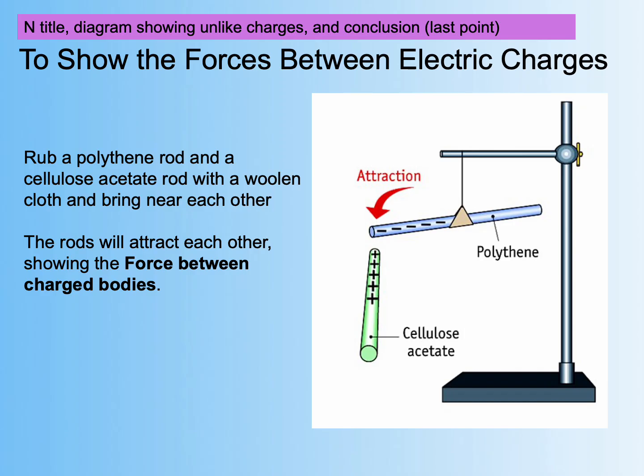When they're oppositely charged, they attract. Okay? You don't need a second diagram as such, but you might take a note that you would have two different plastics here with opposite charges, showing charge attraction to each other. Okay?